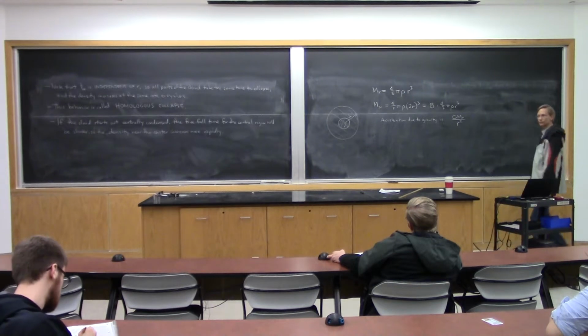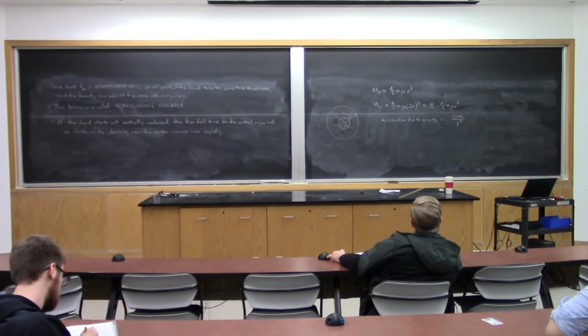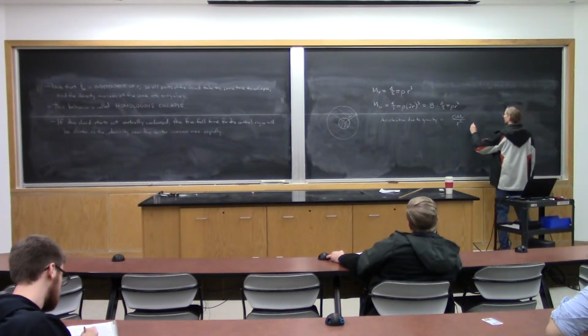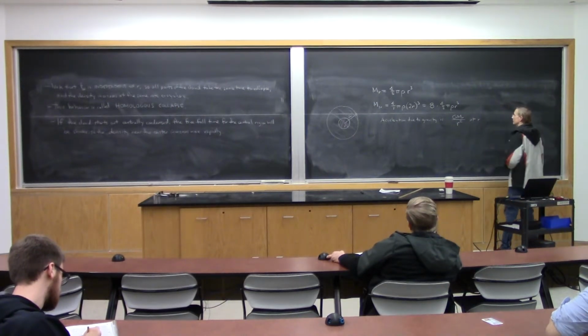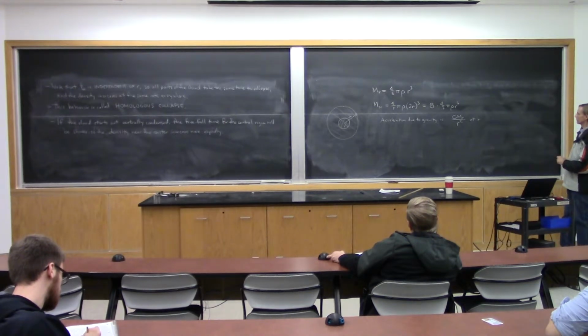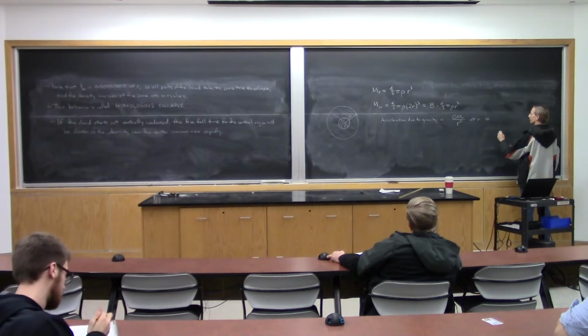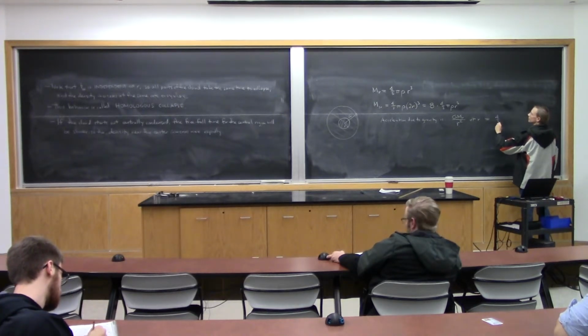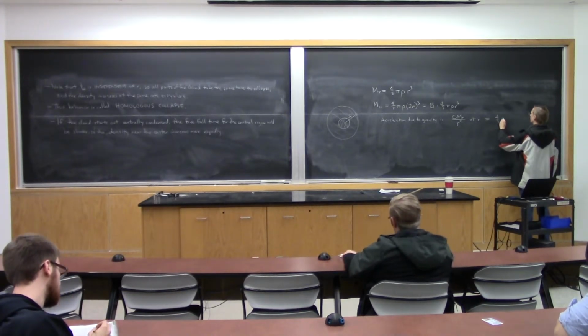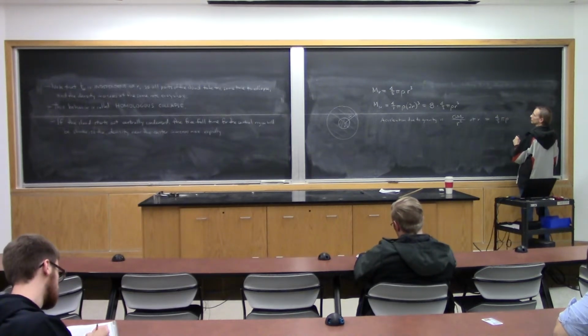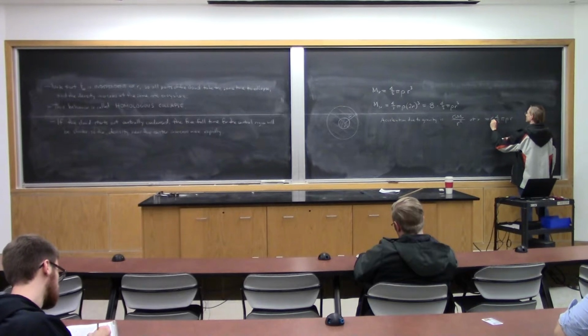The acceleration due to gravity is GM over r squared, right? So GM of r over r squared at r is going to give us 4/3 pi rho r times G, right?